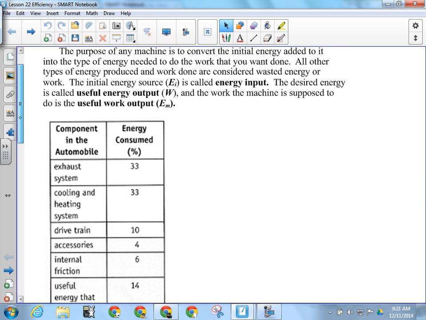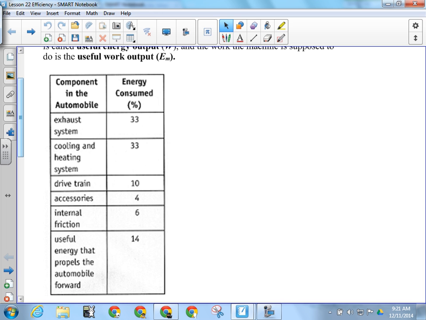So if we look at this here, in your car, your exhaust system gets rid of some of the heat, a third of it. A third of the energy used in your fuel goes right out the exhaust pipe without doing any useful work. Another 33% of the energy in your fuel is used to drive the water pump and the cooling system, pushing coolant through the radiator and keeping your engine from melting down.